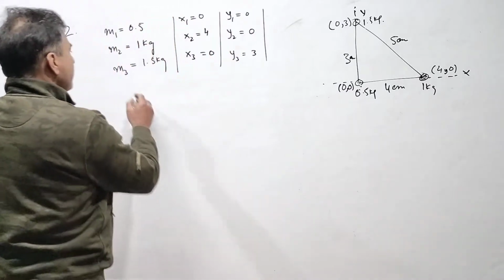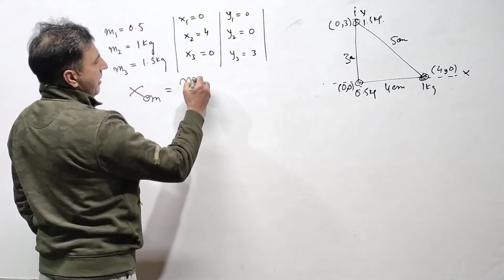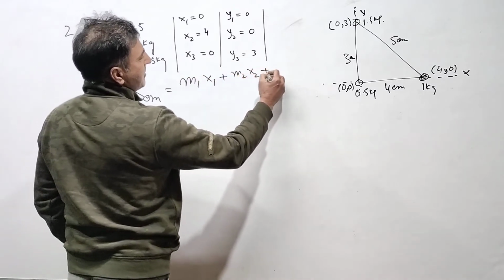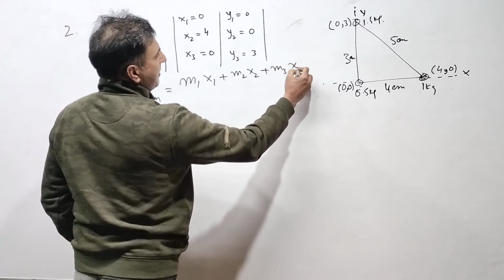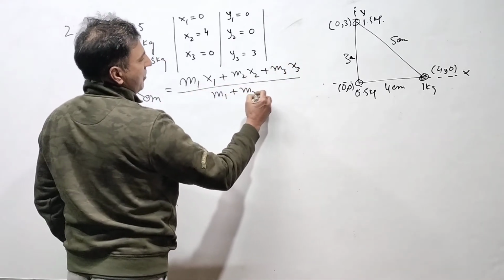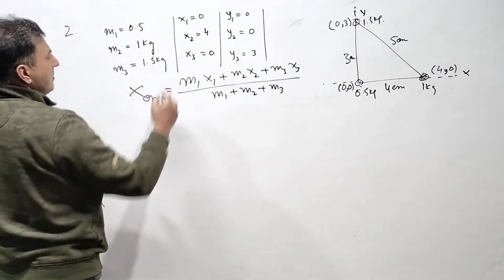Okay, now xcm. What's the formula? m1x1 plus m2x2 plus m3x3 divided by m1 plus m2 plus m3. Write down the values now.